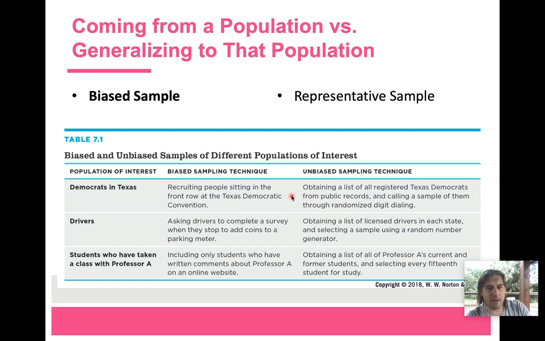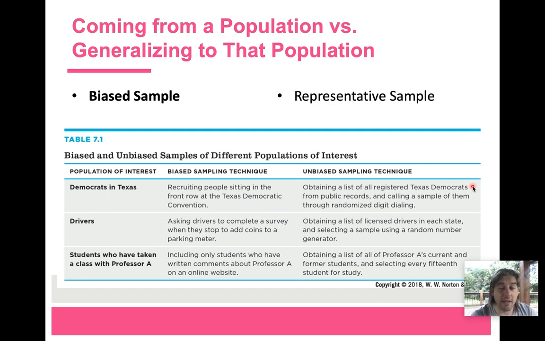A better way to obtain data, a more unbiased way to obtain data on Democrats in Texas, is to get a list of all registered Democrats from public records and then randomly call some of them on the phone, right? Or send out mailers, right? That's going to be a little better than going to the convention, because presumably in this unbiased sampling technique, all of the Texas Democrats have an equal opportunity to be included in my sample.